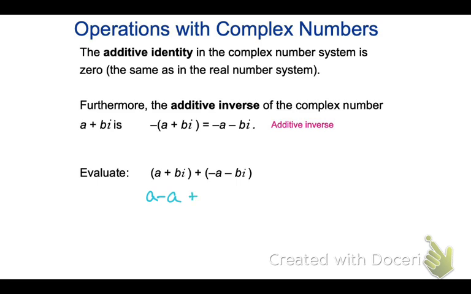Plus BI minus BI, so I get 0i, which is 0. And anything times 0 is 0. So we have additive inverses. So if I need to solve an equation, can I use that to do it? Yes. I treat these exactly like a variable, except is I a variable? What's it stand for? Square root of negative 1.